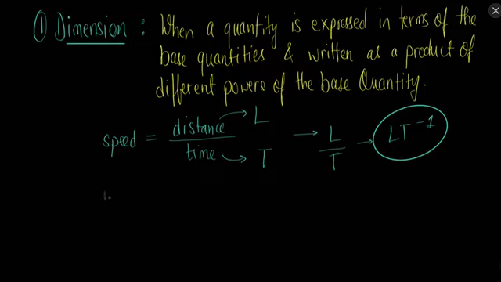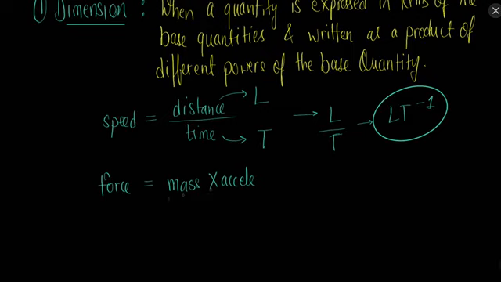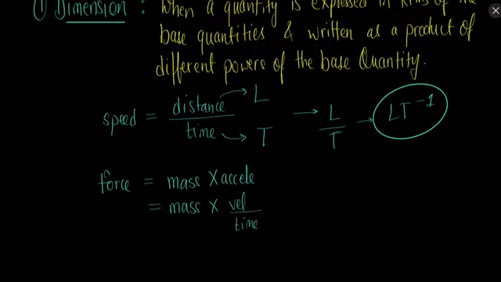Another example, let's say force. So force is mass into acceleration, F equal to ma. Now mass into acceleration can be written as mass into velocity upon time. Acceleration is the rate of change of velocity.